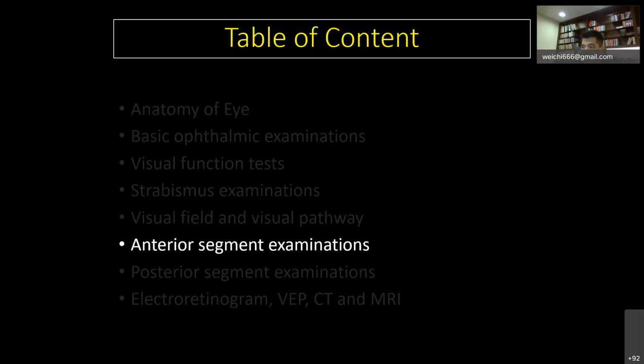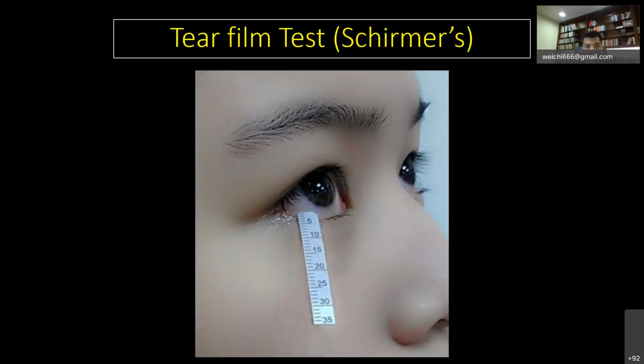So then let's move on to the anterior segment examinations. A lot of the time we see the complaint from the patient: they have a dry sensation. They use their computer a lot, they spend hours on the laptop.